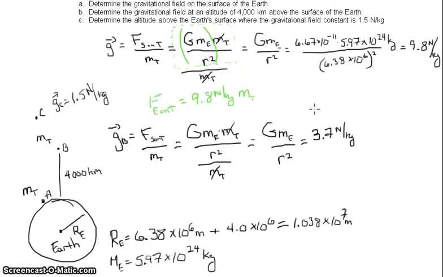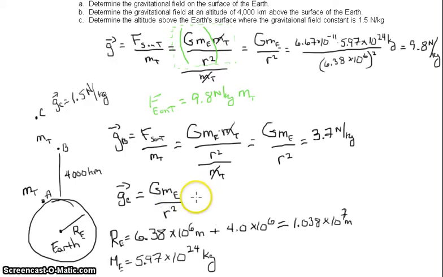Alright, now for the last part, part C. Determine the altitude above the Earth's surface where the gravitational field constant is 1.5 newtons per kilogram. I'm going to start with the g field at C. I will skip writing out the force of the source on test divided by the test, and come right to this: capital G times the mass of the Earth over r squared.